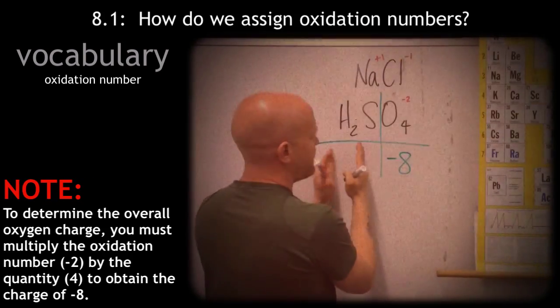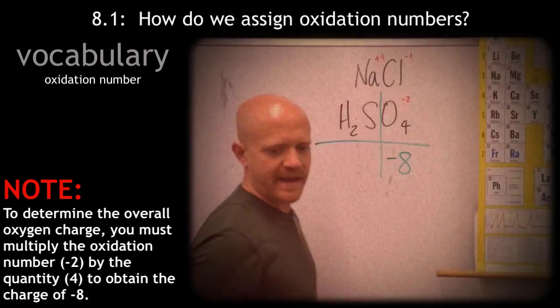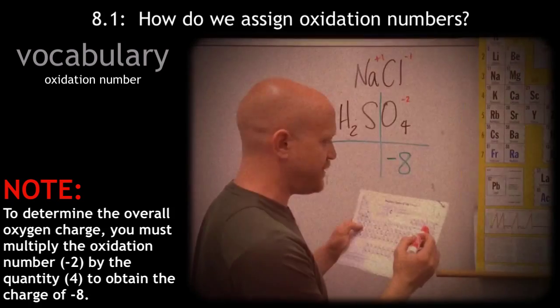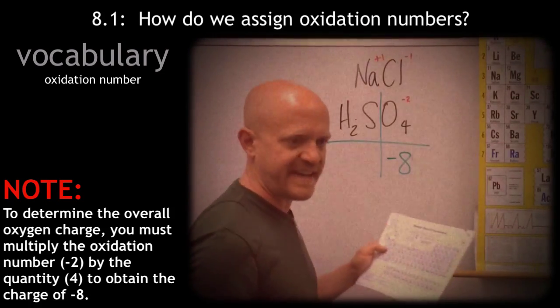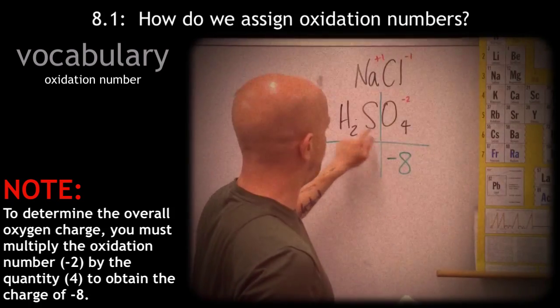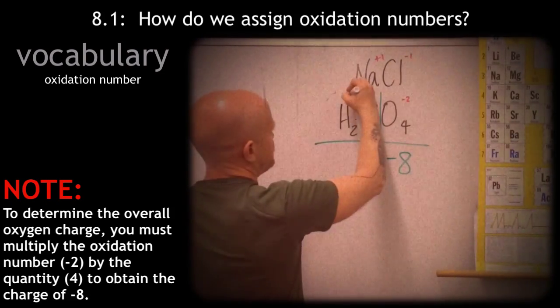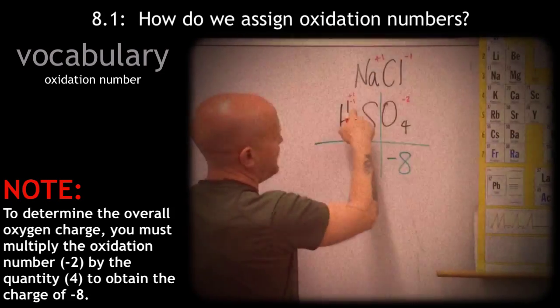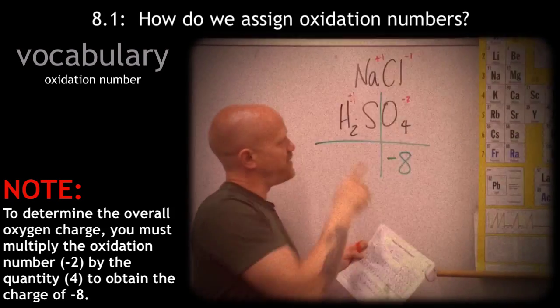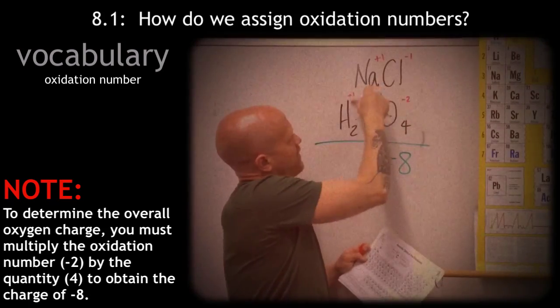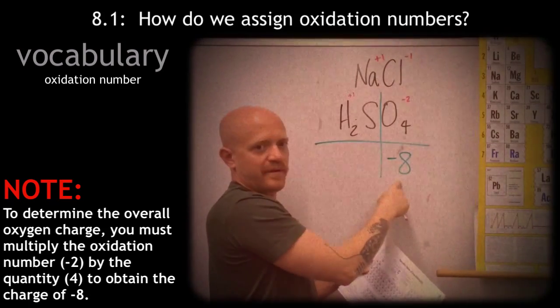Now the hydrogen and the sulfur have to balance that out. If you look at sulfur, it could be either -2, +4, or +6. There's 1 sulfur and 2 hydrogens. So let's see if this is +1 or -1. There's no possible way that hydrogen can be a -1 because it's going to bring this number more negative.